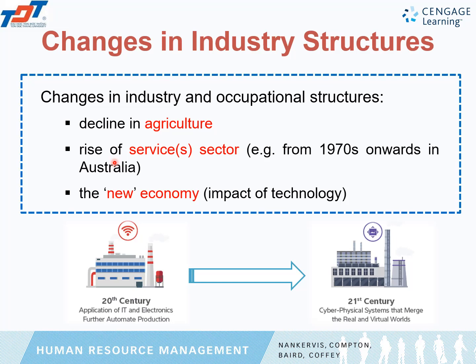What that means is the services sector is now much more important than the agricultural sector or even the manufacturing sector. This is more or less represented by the shift in industries from manufacturing. We've already moved to Industry 3.0, and now we are moving to Industry 4.0.